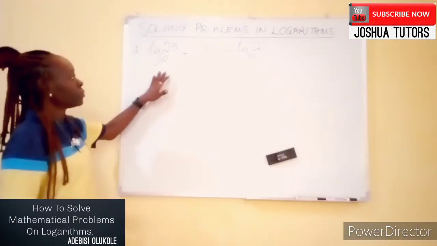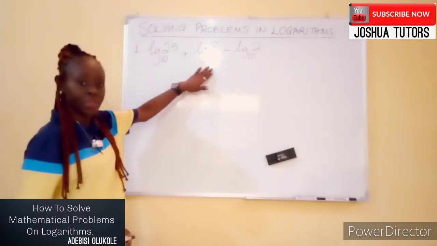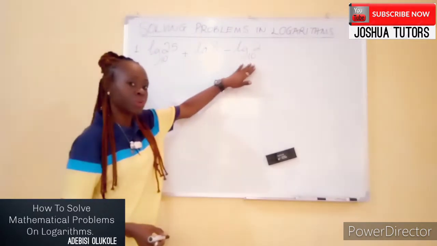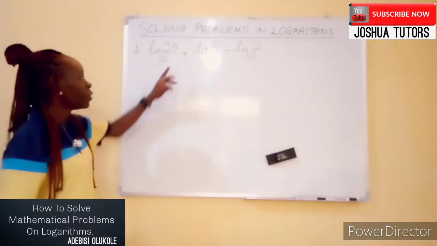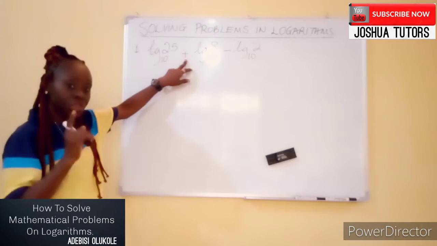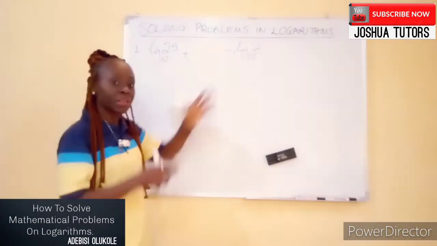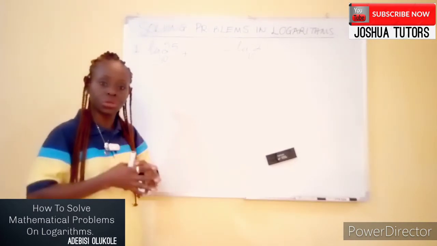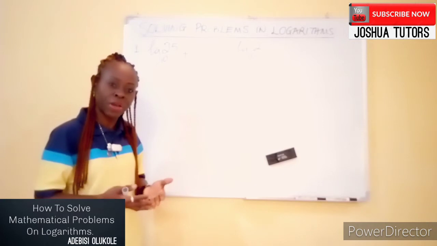So now, we have log 25 to base 10 plus log 8 to base 10 minus log 2 to base 10. Remember from the law of logarithm we just highlighted, we said when you see it expanded as addition, it is coming from multiplication. When you see it expanded as subtraction, it is coming from division. So we're just going to bring it back to its original state and then we'll simplify from there.